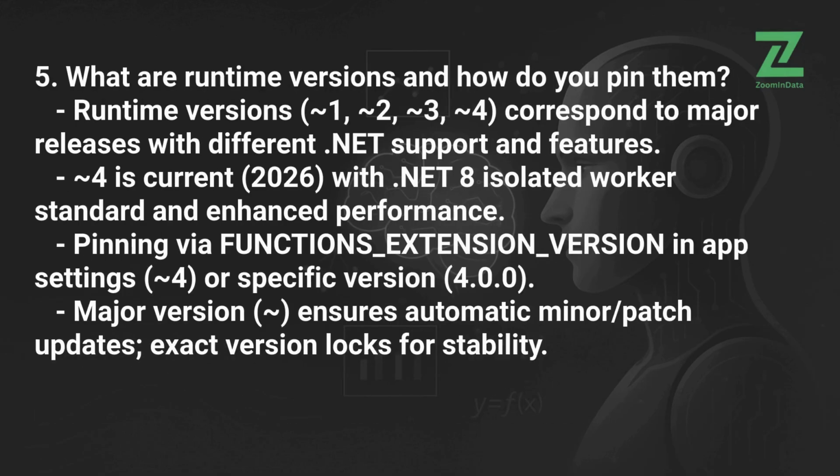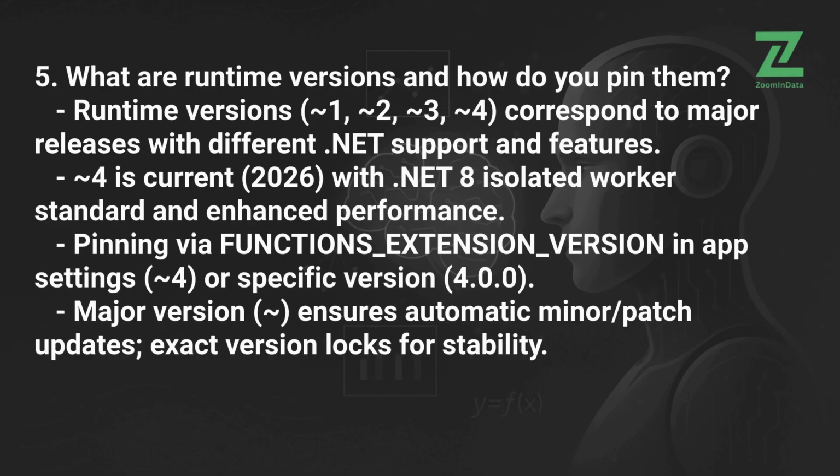5. What are runtime versions and how do you pin them? Runtime versions ~1, ~2, ~3, ~4 correspond to major releases with different .NET support and features. ~4 is current in 2026, with the .NET 8 isolated worker as the standard and enhanced performance.